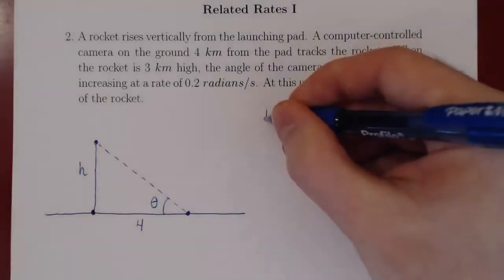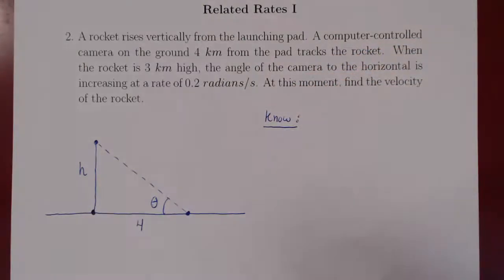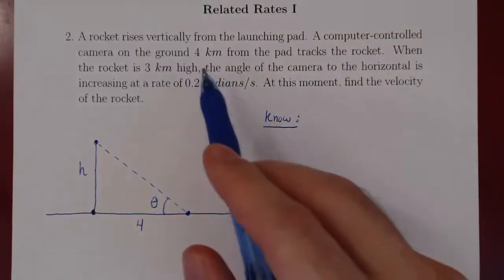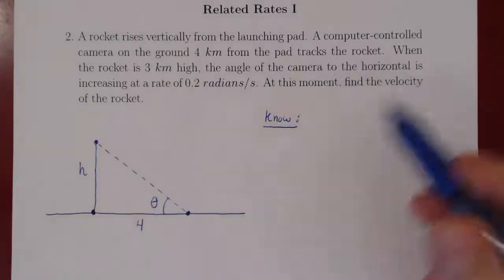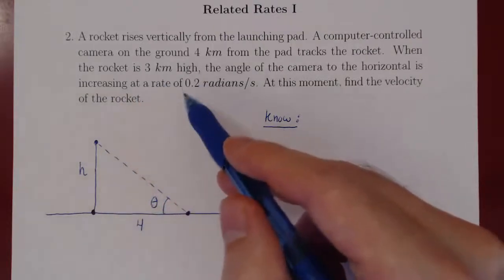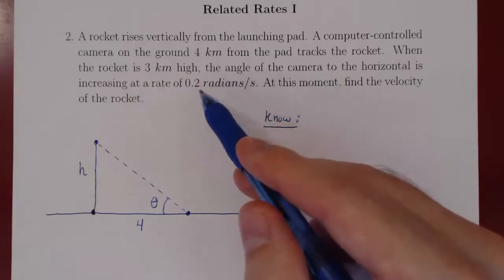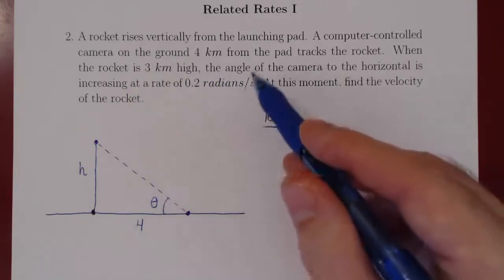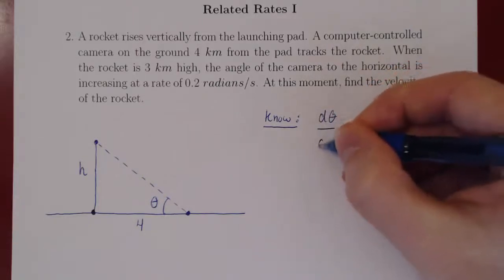Let us write down what we know. We're told that the angle of the camera, this is theta, to the horizontal, is increasing at a rate of 0.2 radians per second. Well, that is the rate of change of the angle in radians over time in seconds. So that is exactly d theta over dt.